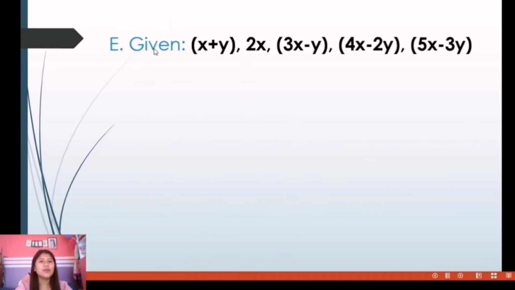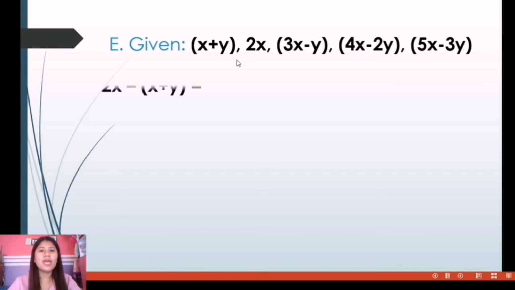And lastly, we have the given x plus y, 2x, 3x minus y, 4x minus 2y, and lastly 5x minus 3y. So the example involves algebraic expressions as terms, right? Let us check if the expressions produce a common difference. Same process, just subtract the first term from the second term.